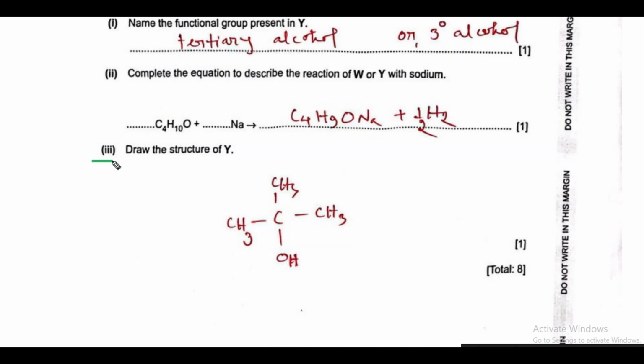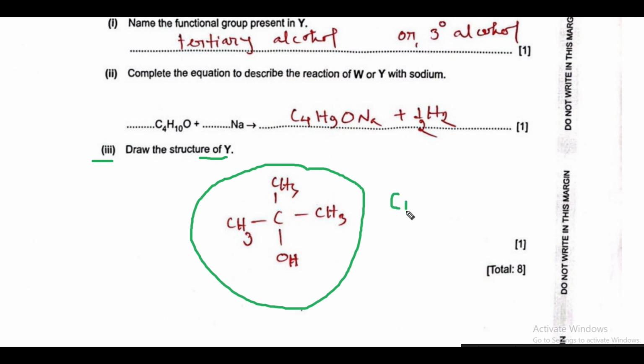And number 3, draw the structure of Y. Y is a tertiary alcohol, C4H10O. This alcohol reacts with sodium to produce sodium butoxide plus hydrogen gas.